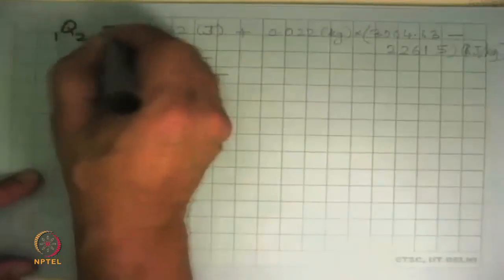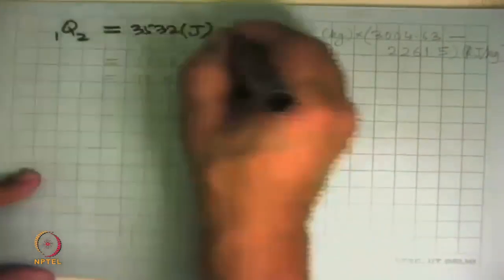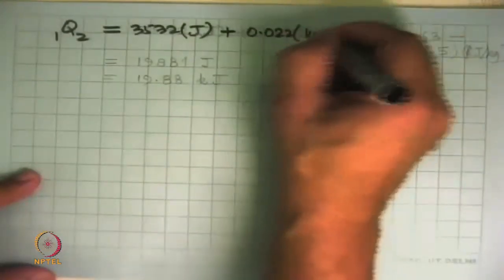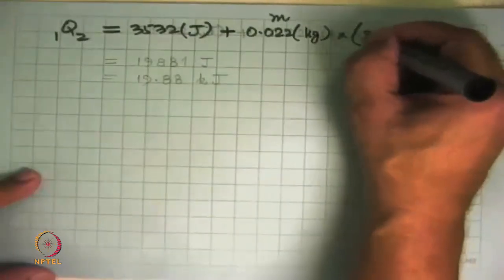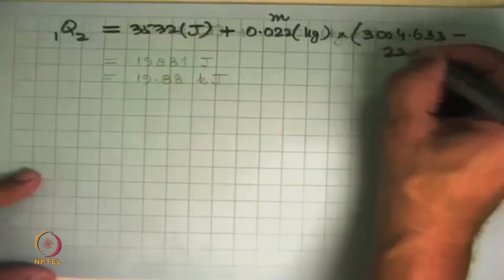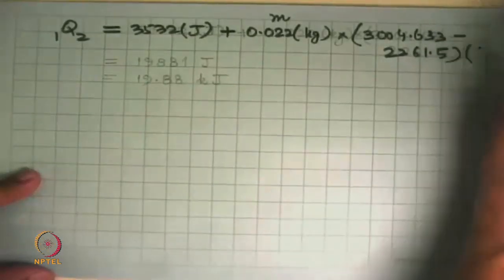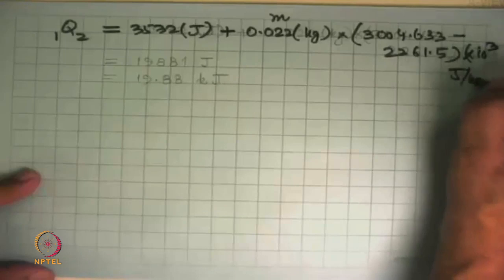Okay, so the next step is then we just put everything together in the equation we had right in the beginning, that Q12 is W12 plus m(U2 minus U1): 3532 joules plus 0.022 kilograms, which is the mass, multiplied by the difference of internal energy, 3004.63 minus 2261.5, and these units were into 10 to the power 3 joules per kg.